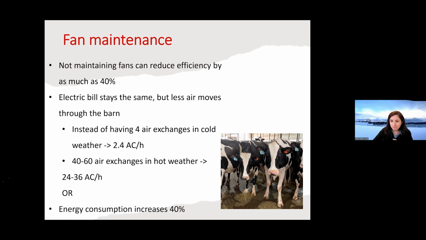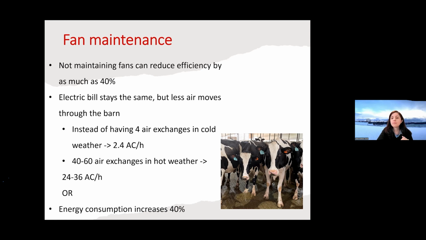Is it possible? Do you think you will not notice if less air is moving through the barn? I'm pretty sure farmers will notice because their animals will tell them, right? Then they will take a measure. There are a couple of options. One, they will say, okay, the system I have is not sufficient, so they will add more ventilation fans.